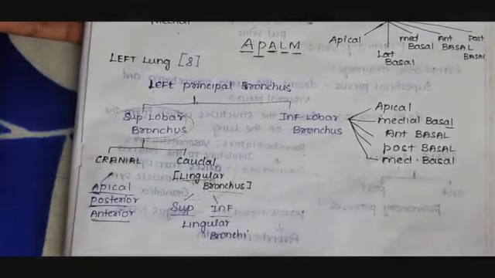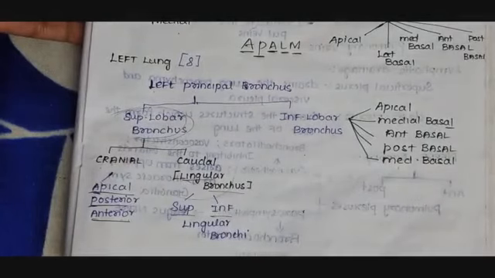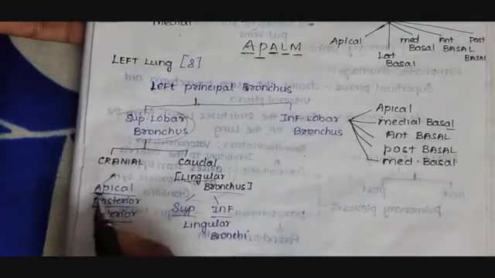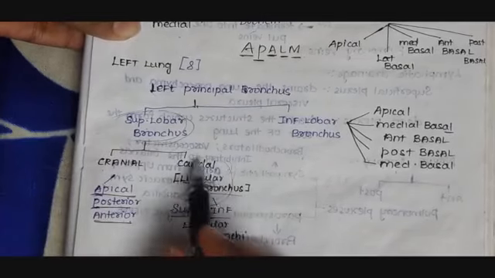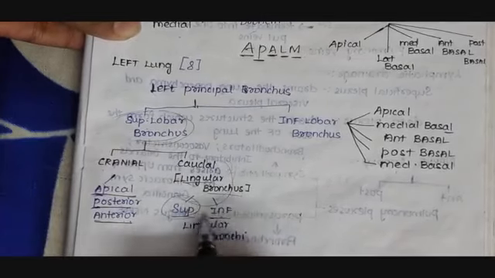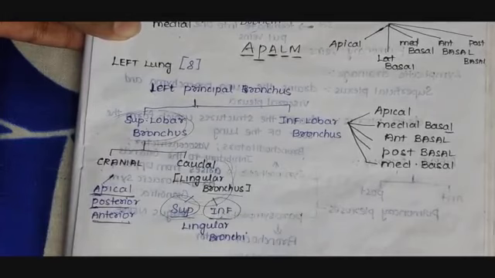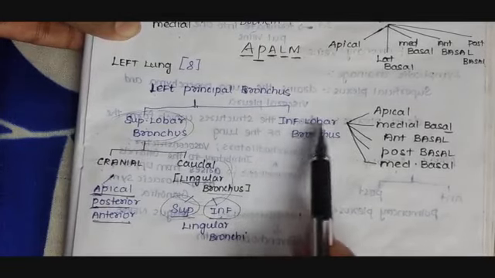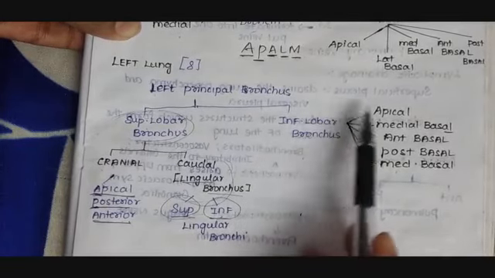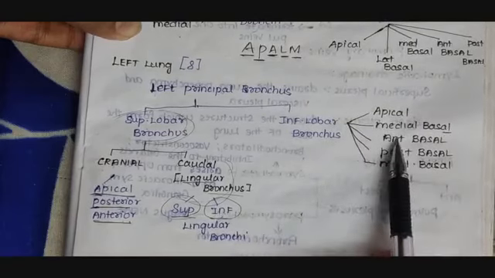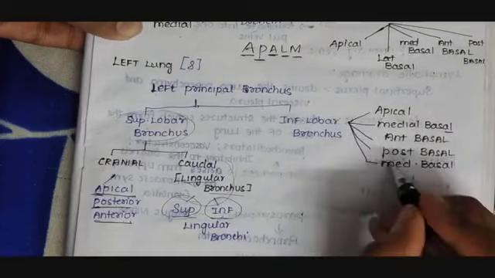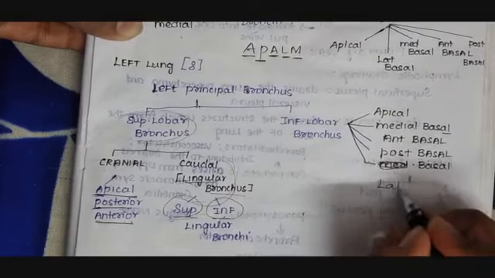Left lung has only 2 lobes, right? Superior lobe and inferior lobe. So in the superior lobe we have apical, anterior and posterior, and the lingula part is divided into superior and inferior. Okay? Inferior lobe has apical, medial basal, anterior basal, posterior basal and lateral basal.